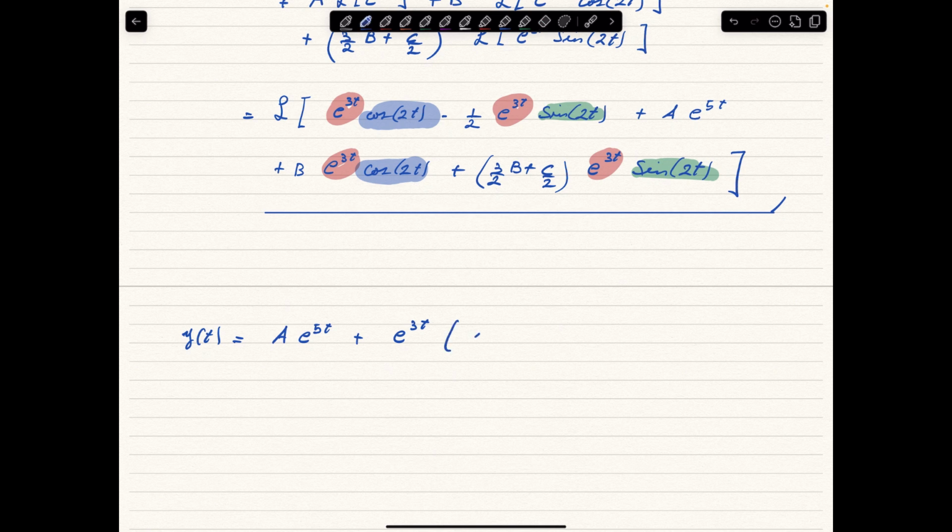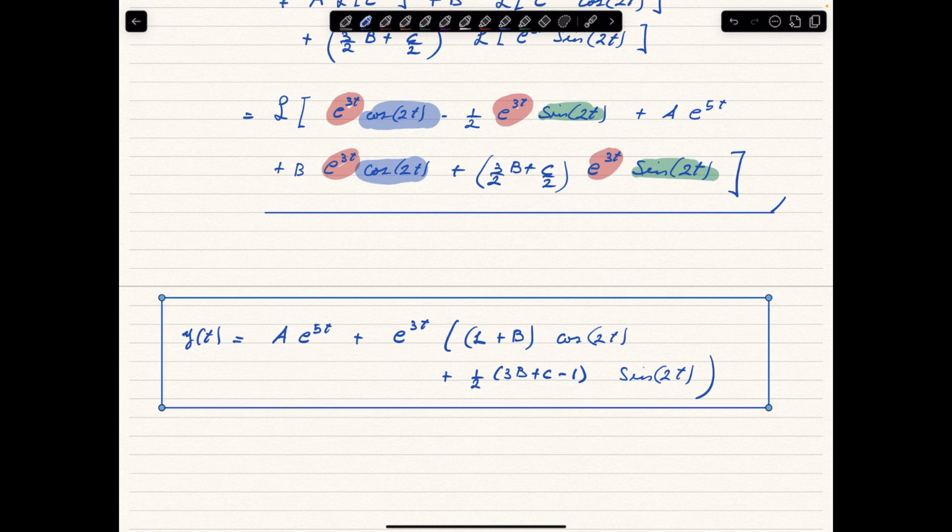The cosine has a term 1, which is this term here, and then the b, and nothing else, so 1 plus b cosine of 2t. And then we have the term with sines, which is this, minus 1/2, so plus 1/2 that multiplies 3b plus c minus 1 sine of 2t. And that is our solution.